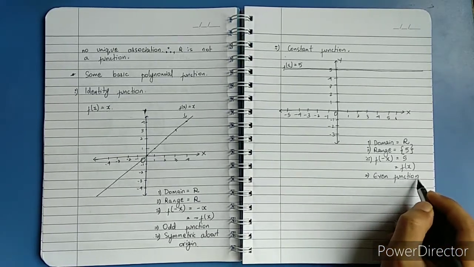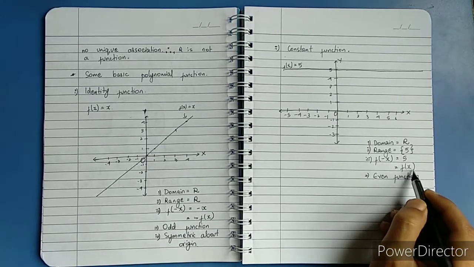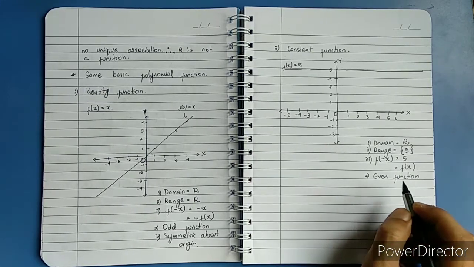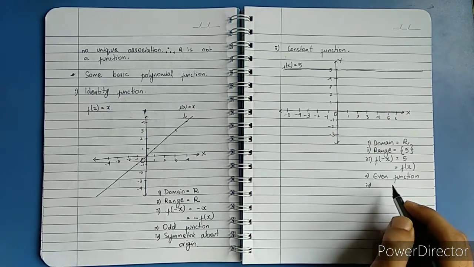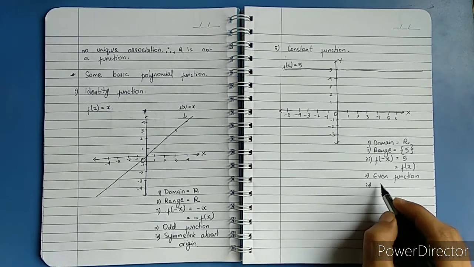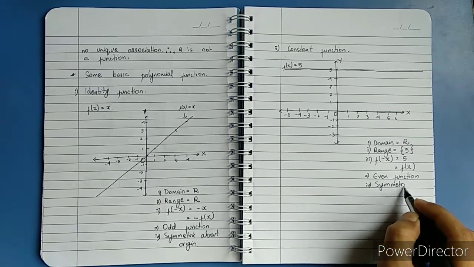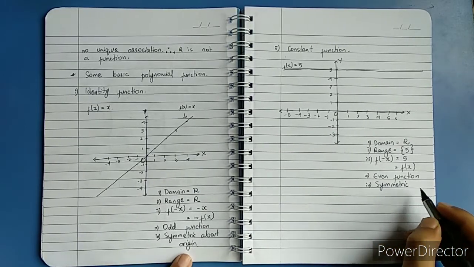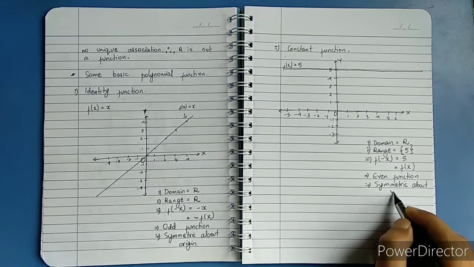Whenever f of minus x equals minus f of x, then we say that it's an odd function, and when f of minus x equals f of x, then we say that it is an even function. So the fourth point, since it's an even function, even functions are always symmetric about the y-axis. Odd functions are symmetric about origin, and even functions are symmetric about y-axis.